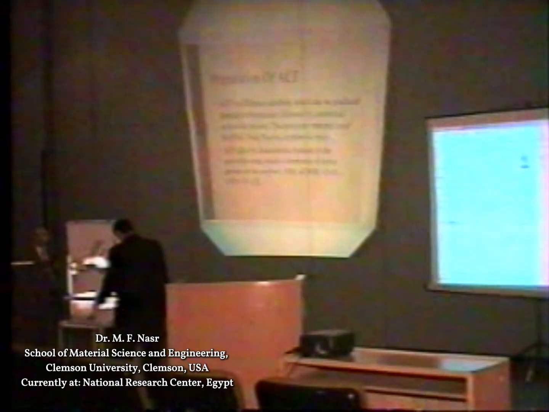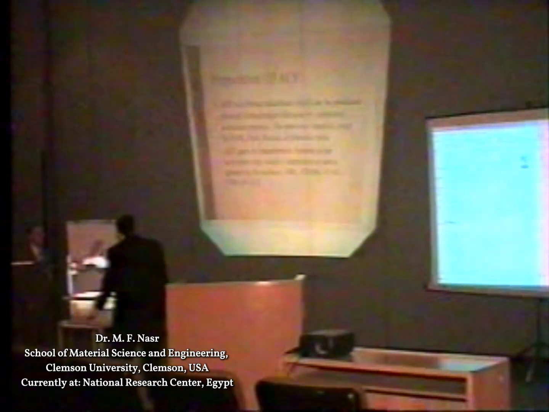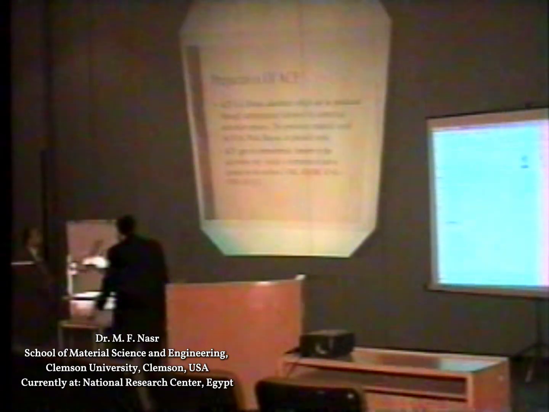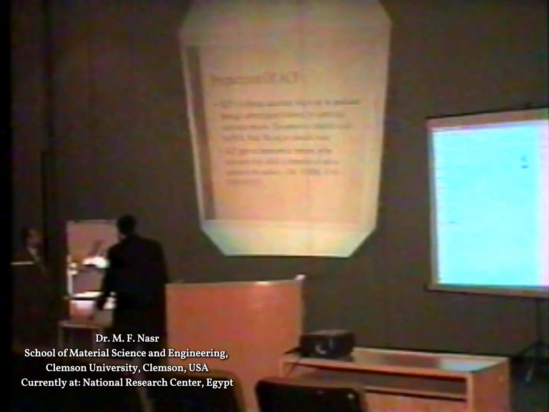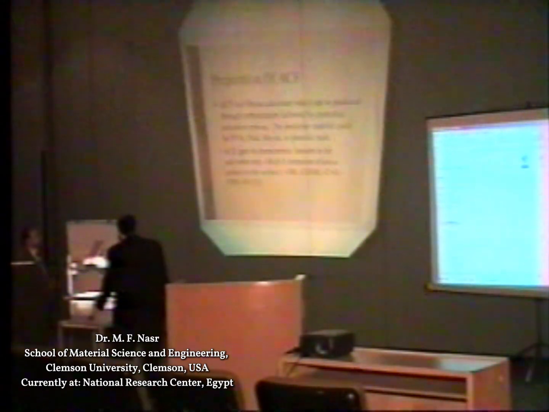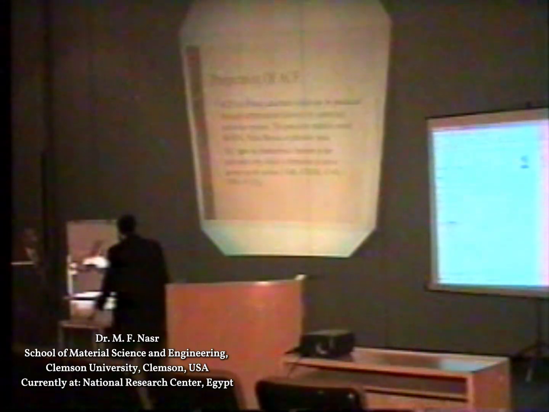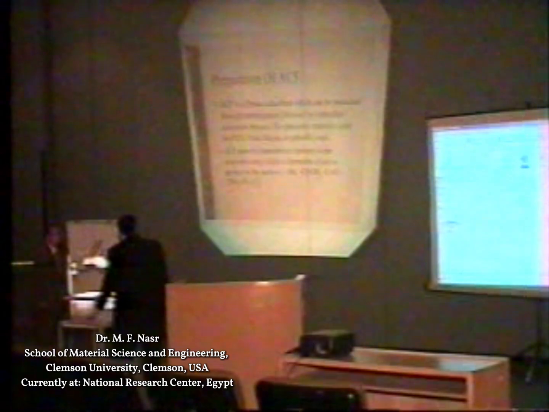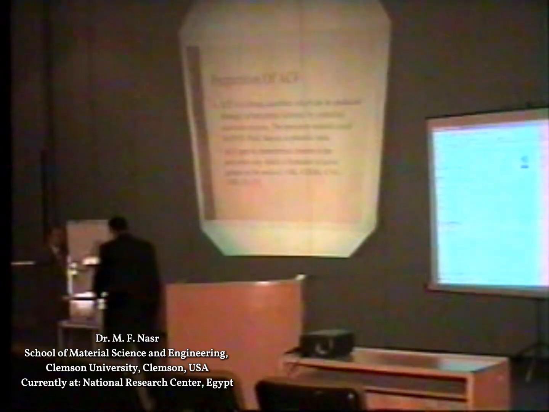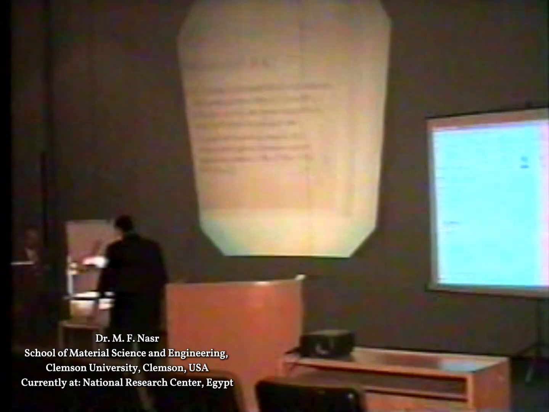During this step, we impart the important properties of ACF, which is the high surface area, as well as we create surface groups, mainly oxygen functional groups, such as the hydroxyl, carboxyl, ketone, as well as aldehyde and ester.